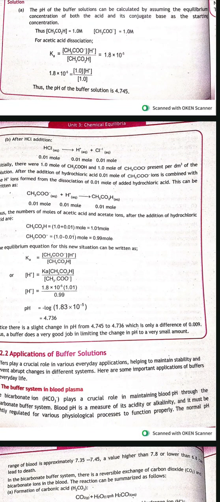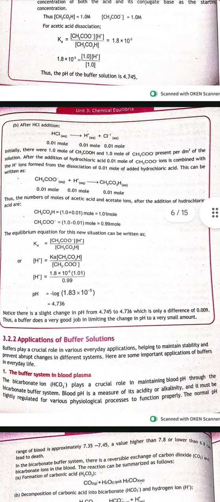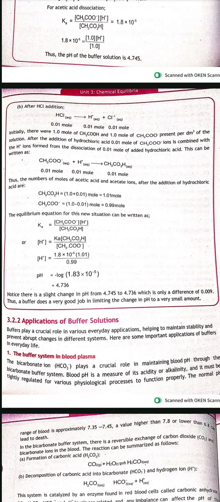After addition of HCl, we now have 0.01 molar HCl as well. So now we have to calculate the number of moles. For the number of moles of acetic acid and acetate ions after the addition of hydrochloric acid, for CH3COOH it will be 1.01, because now we have to add the number of moles of acid as well, and for the CH3COO negative we have to subtract the number of moles of acid from the 1.0 value, which gives 0.99 moles.